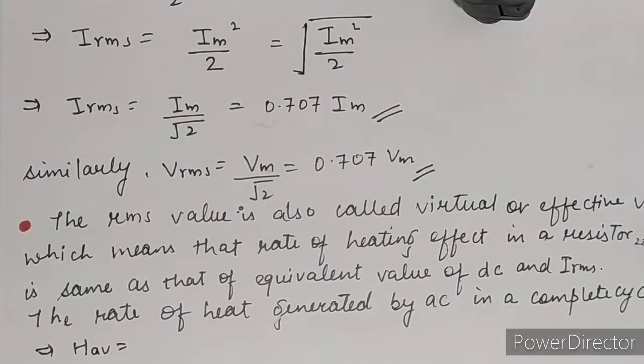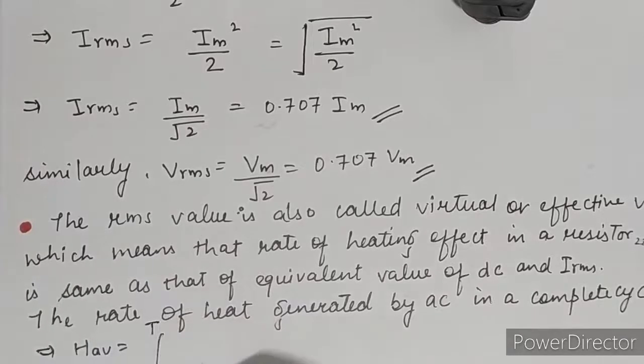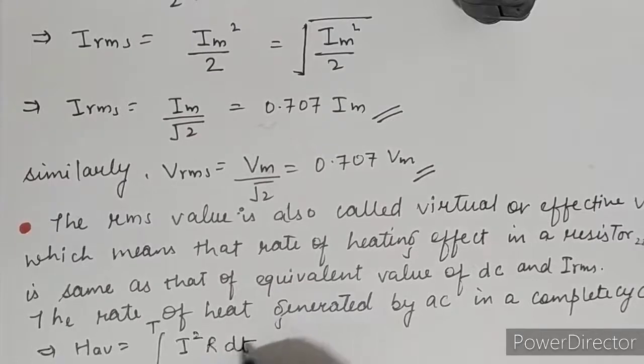So it's like this, 0 to T. For the heating effect, it will be I square R dt.